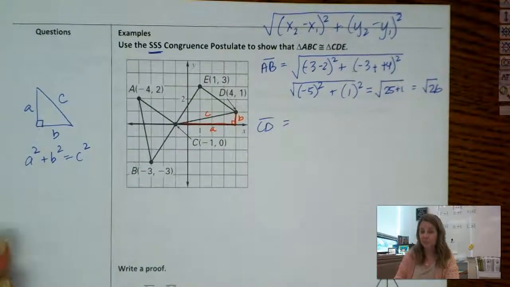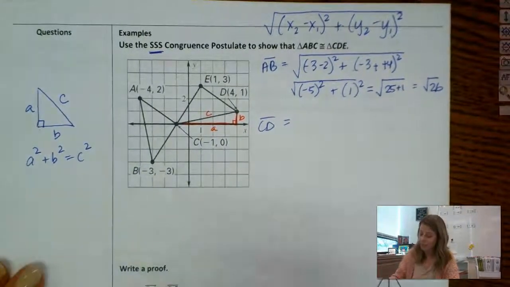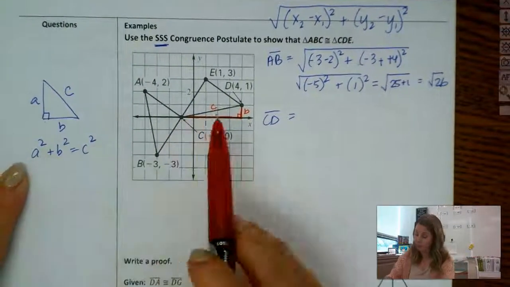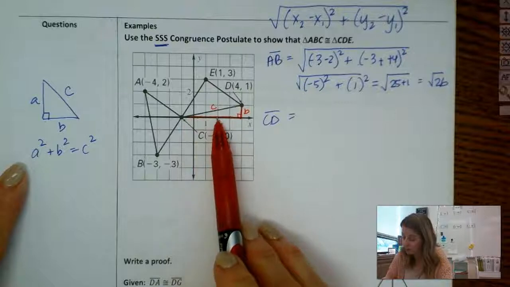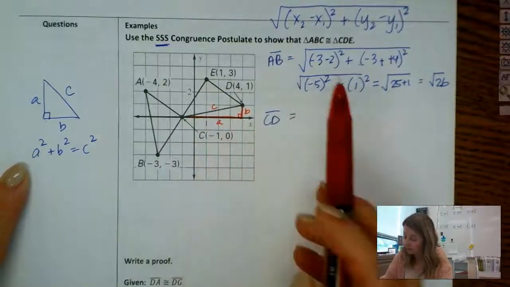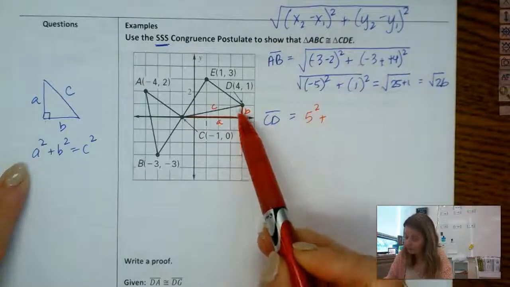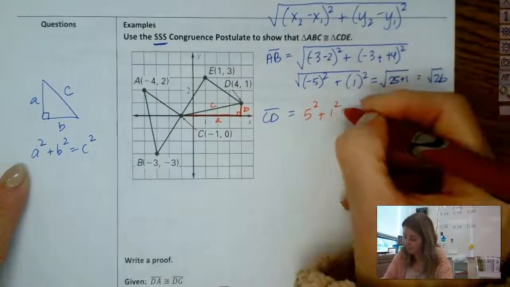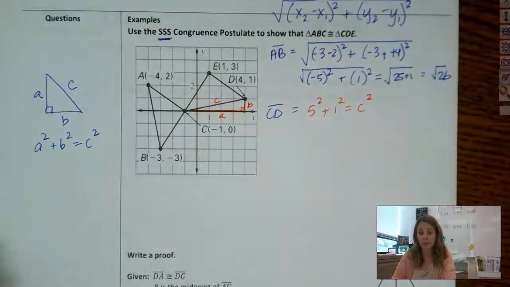Now, what this does for me is vertical and horizontal lines, I can just count their lengths. So if I'm thinking about A squared, the length of A is 1, 2, 3, 4, 5 units long, 5 squared. The length of B is just 1 unit. And I don't know the length of C. I'll just leave that C squared.